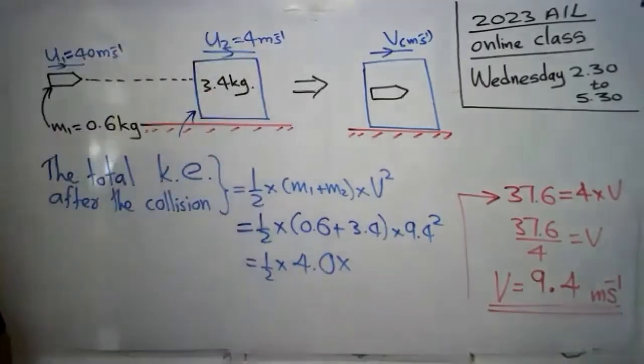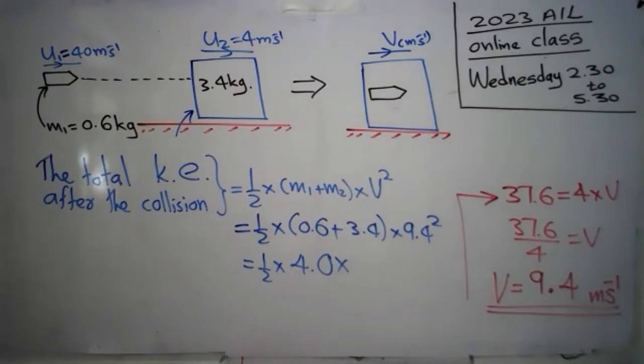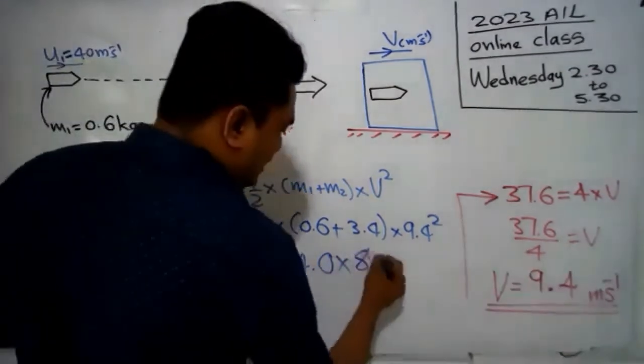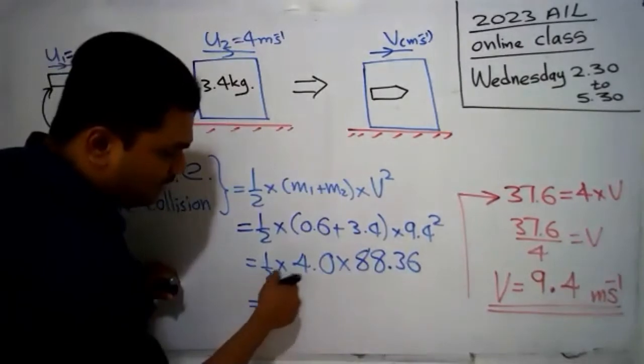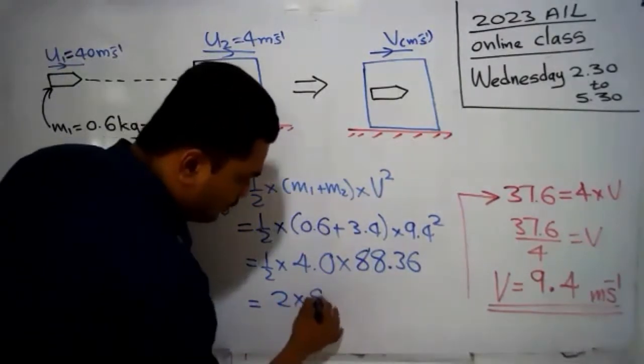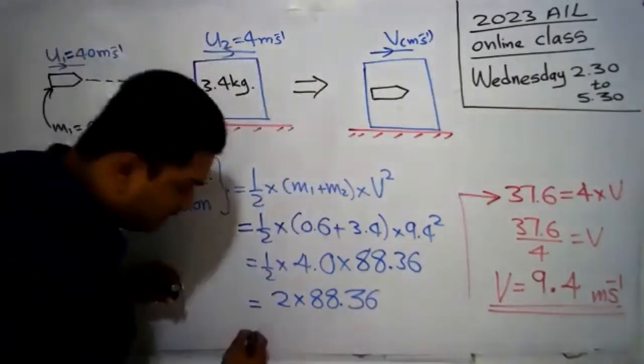And what is 9.4 square? 88.36. 4 divided by 2 is 2 into 88.36. Let's multiply this by 2.